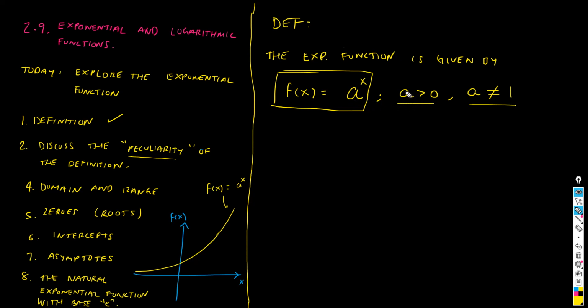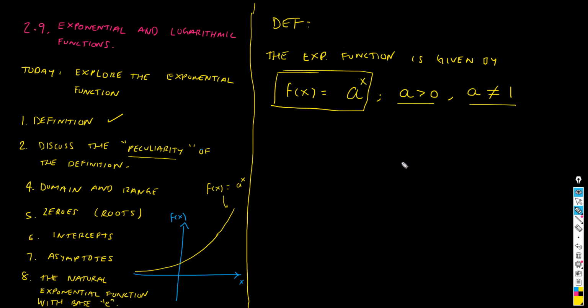If you see, by putting this requisite, by saying that a has to be greater than 0, I'm ignoring, or I'm refusing to work with any a that is negative. You see, in this case, for our exponential function, this number here cannot be negative nor equal to 1. Why is that? Why is that, guys?